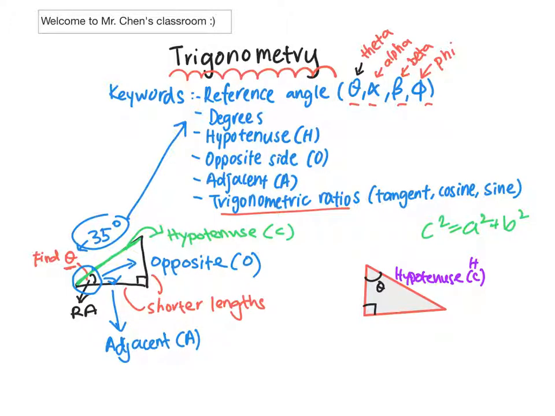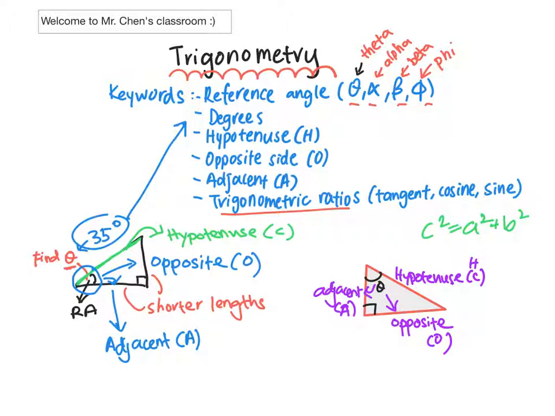And the side opposite is the opposite. And the length right next to the theta, which is the reference angle, is called the adjacent, which is represented by A, and that's represented by O. So that is how you can tell the hypotenuse, opposite side, and adjacent in a right angle triangle.